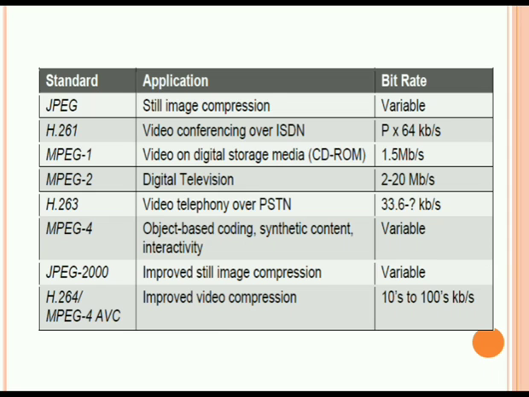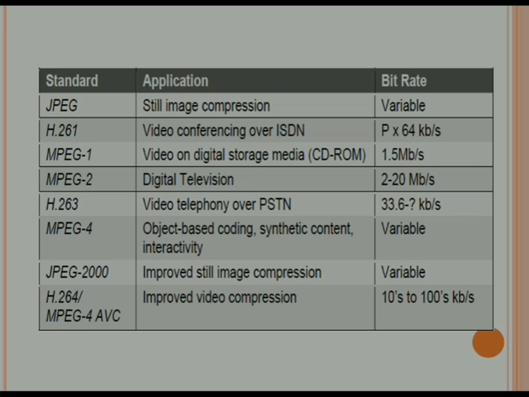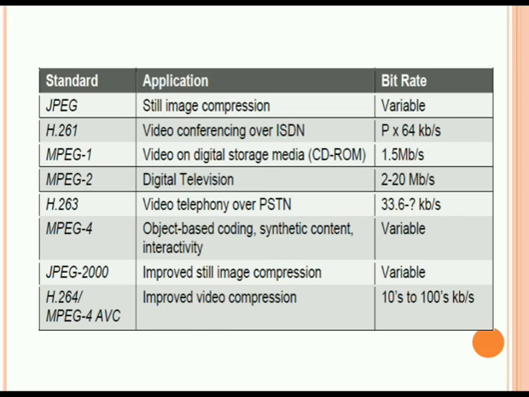Now let us see where we are using these standards. The JPEG standard is applicable for still image compression, and H.261 is for video conferencing over ISDN. MPEG-1 and MPEG-2 are for digital television and also for digital storage media.